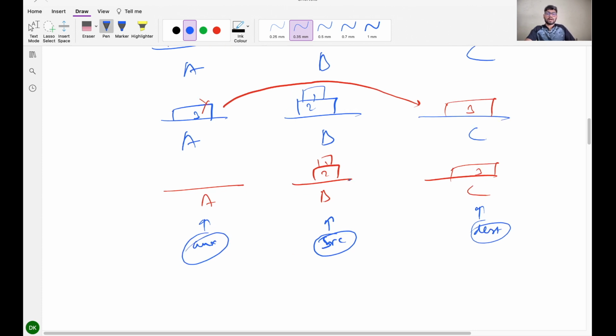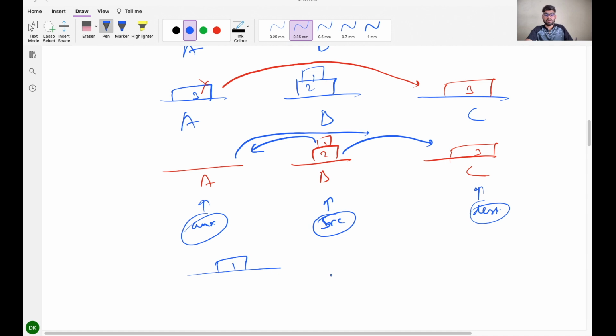Again for n equal to 2, I place my disk 1 onto the auxiliary. After that I place disk 2 on the destination, and after that I place my disk from auxiliary to destination. So I place disk 1 on the auxiliary, and after that I place disk 2 into the destination.